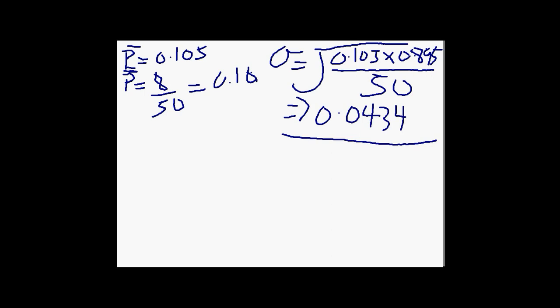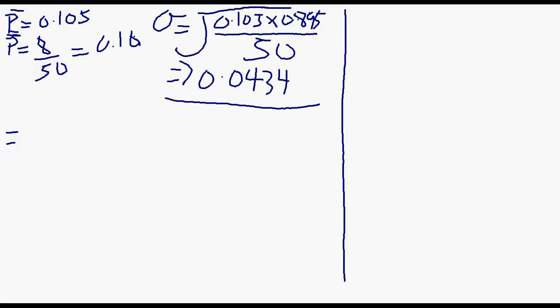So now we can solve this. We know the formula is Z equals P bar minus P, all over the standard deviation.